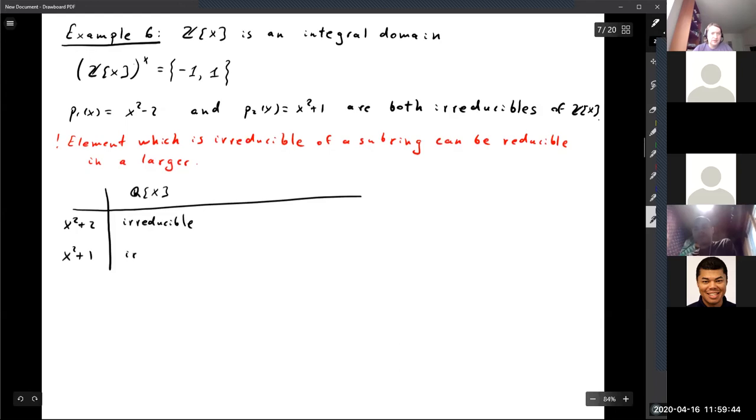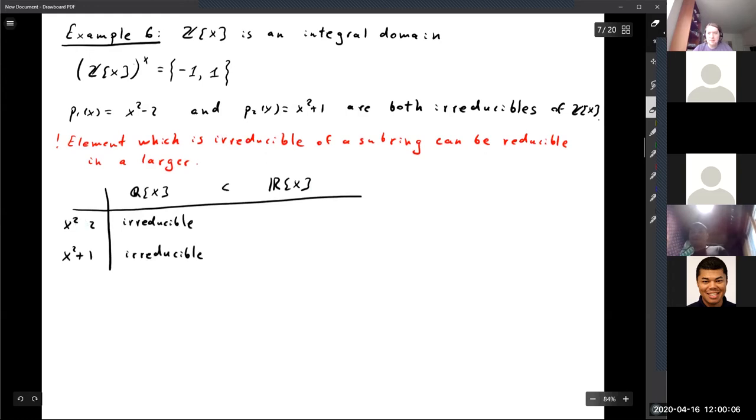The ring of polynomials with rational coefficients is a subring of polynomials with real coefficients. Are you doing x squared minus 2 instead of plus 2? Minus 2, yeah, thank you.